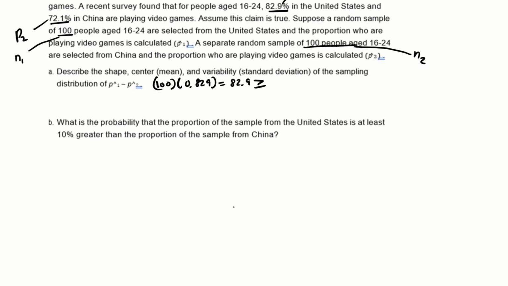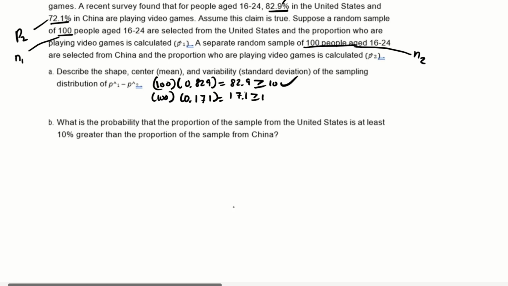And we've got 100 times 1 minus that, which is 0.171, sorry about that, which is 17.1, which is greater than or equal to 10. All right, so that passes.